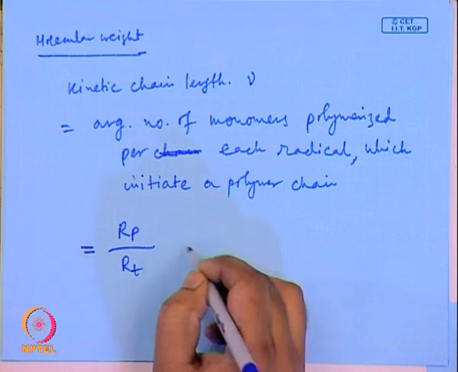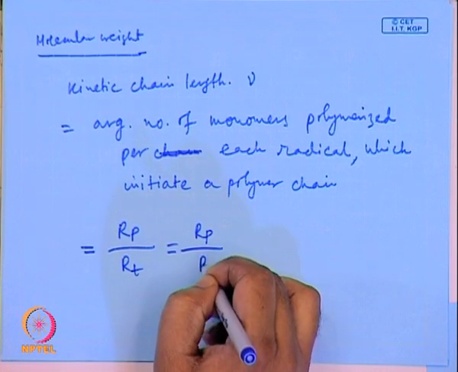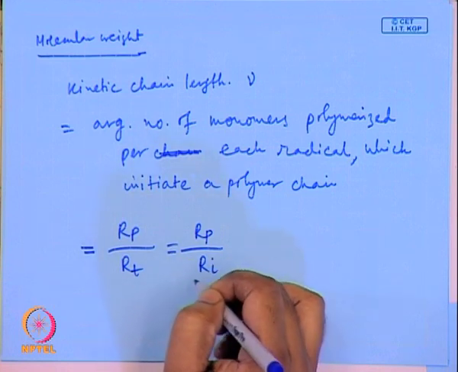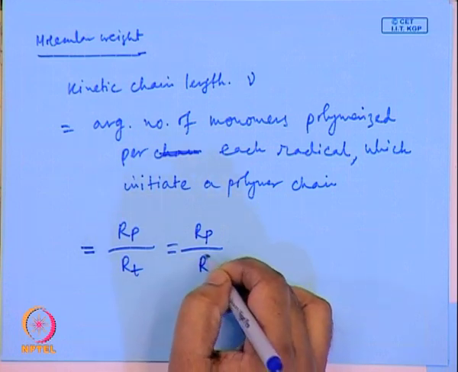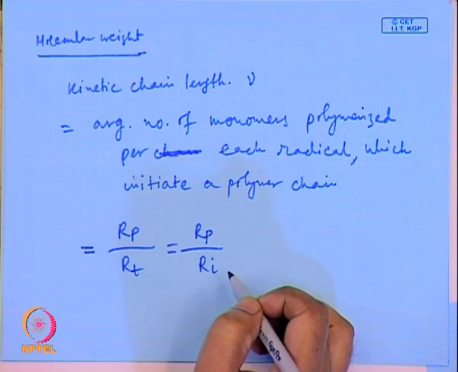So, this is the average number of monomers polymerized per radical which initiates a polymer chain. How can you write it in simple terms? It is the rate of polymerization divided by the rate of termination, or, by the steady state assumption, it is the same as the rate of initiation.